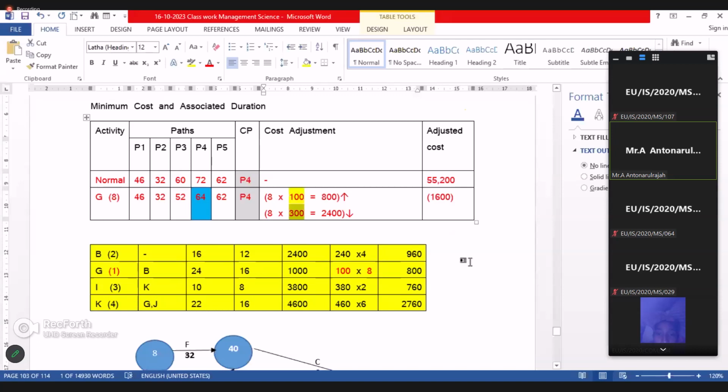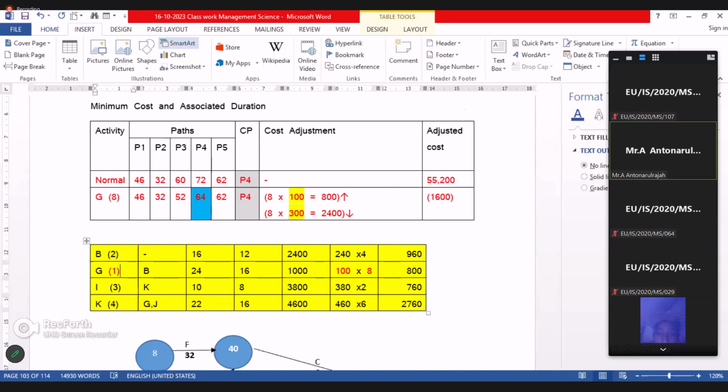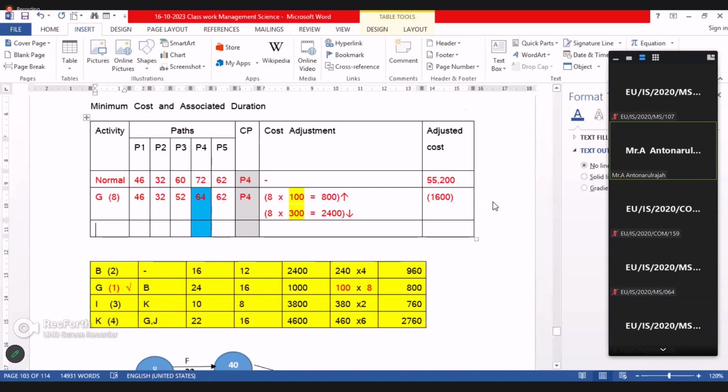Then what is the second priority? B, it is 240. So now we consider B. What will happen to B? B is 4 days.